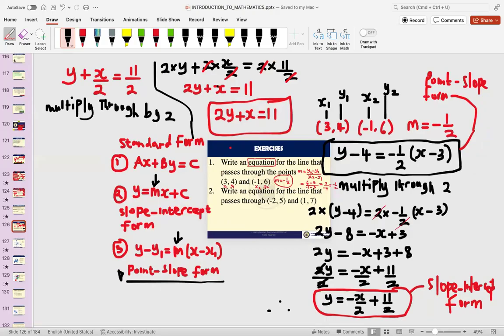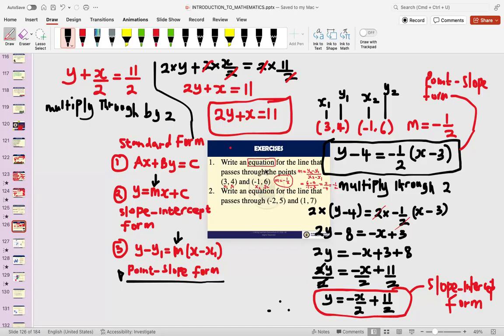Any question before I try solving the second one? Any question about this solution? The first form, the second form, and the final form. Any question about these three solutions? Okay. So your silence means you understand what we have done.